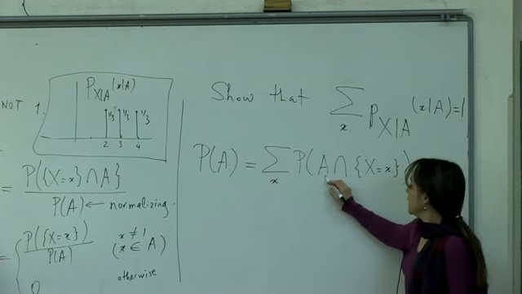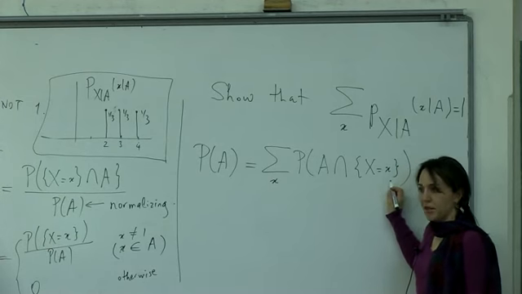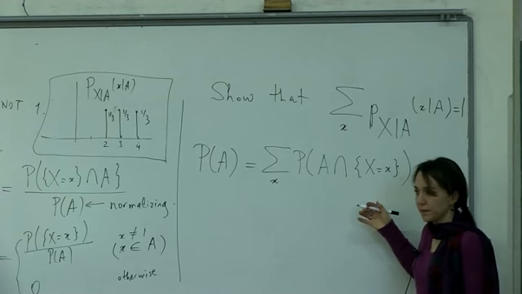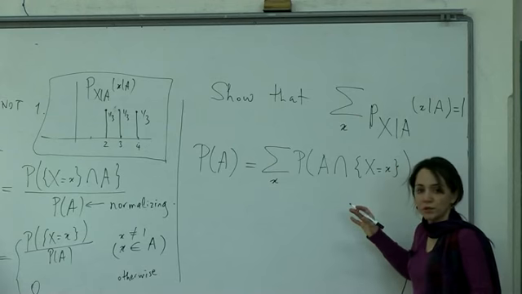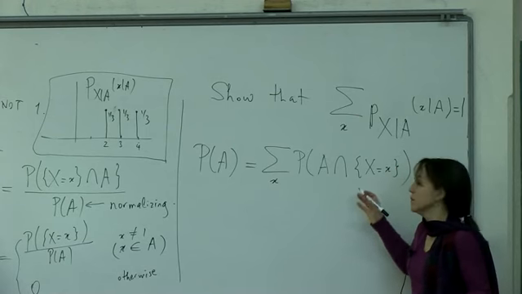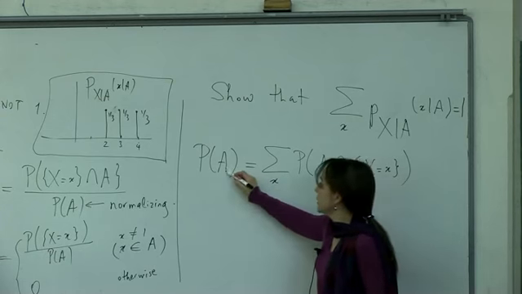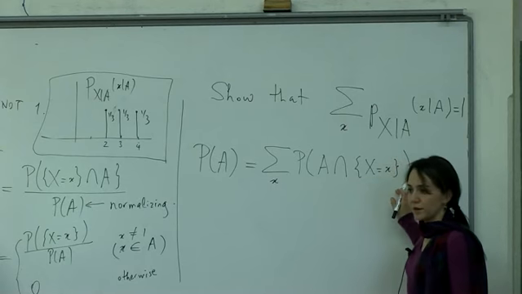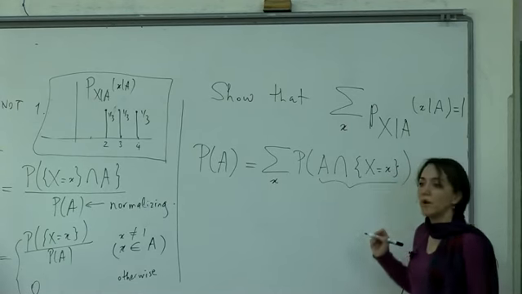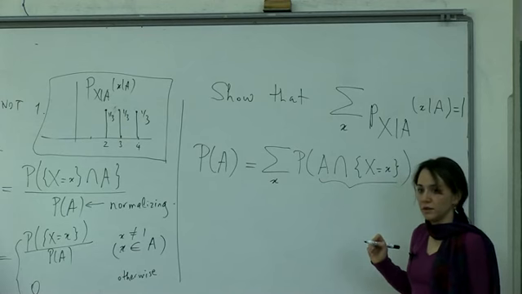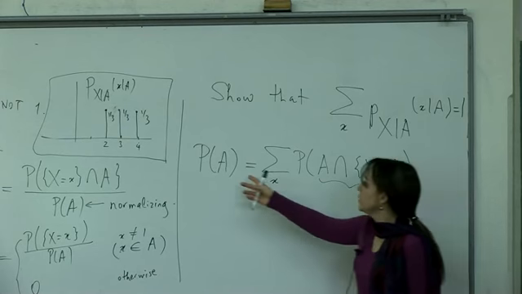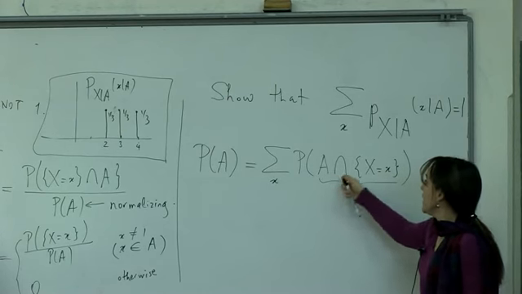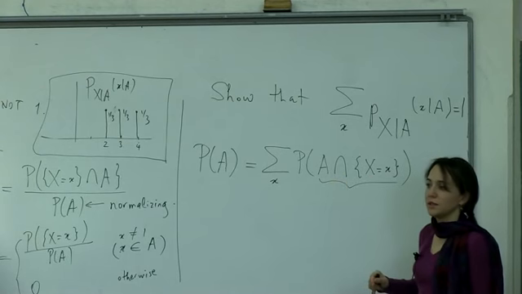A intersection X equals x for different values of x are disjoint sets, and when we take the union of them, they completely cover A. So this is the total probability theorem because these are a partition of the event A. This is nothing but, A happens if and only if A and one of the X equals x events happen.